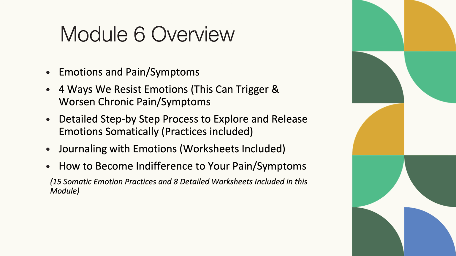As we go throughout this module, we also discuss journaling with emotions. And then we dive into a bit of brain retraining, take a side step towards that, in the sense of how we can become indifferent to our chronic pain and symptoms. We are not going to force ourselves to be indifferent about our symptoms, but we can work towards cultivating it over time. And I will mention here that in most of these modules, there is some brain retraining exercise in almost every single one.